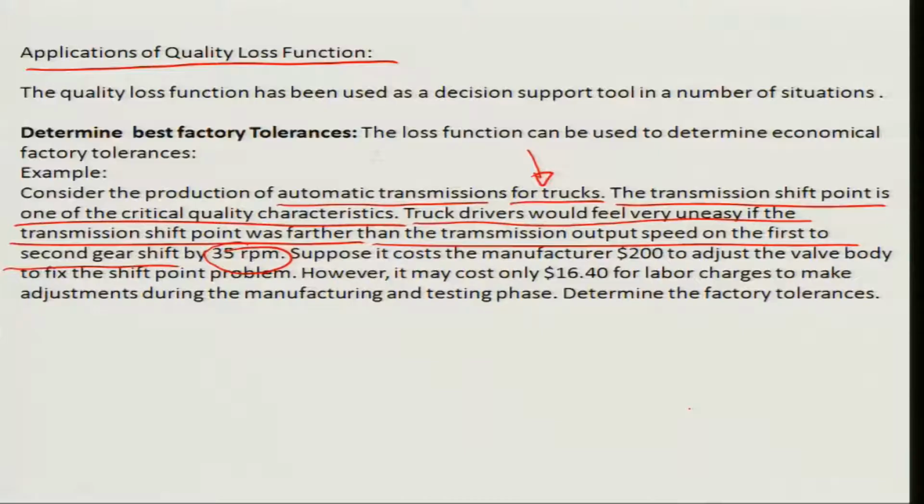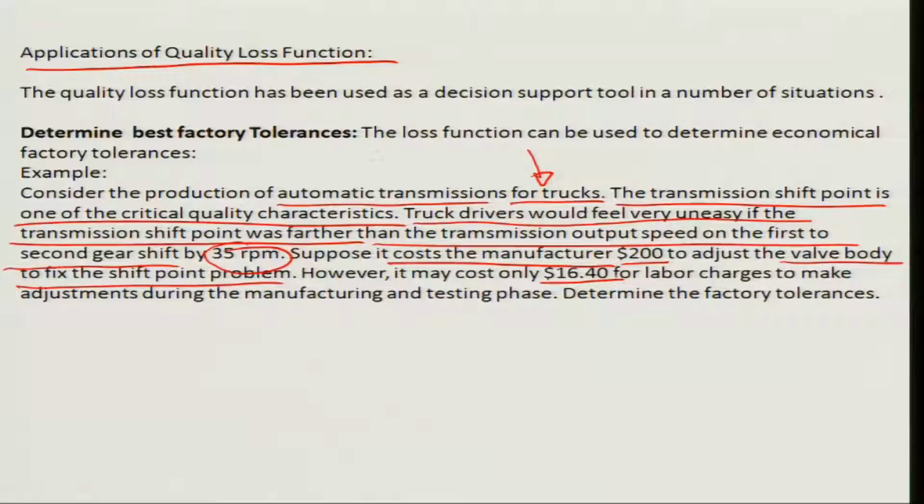Now, supposing we look at the manufacturing cost of how to repair this in the market vis-a-vis how the cost would be incurred at the production level if some quality checkpoint or some adjustment is done before the transmission gets produced. It has been found that the cost to the manufacturer is about $200 to adjust the valve body to fix the shift point back to normal once this shifting has happened beyond 35 RPM.